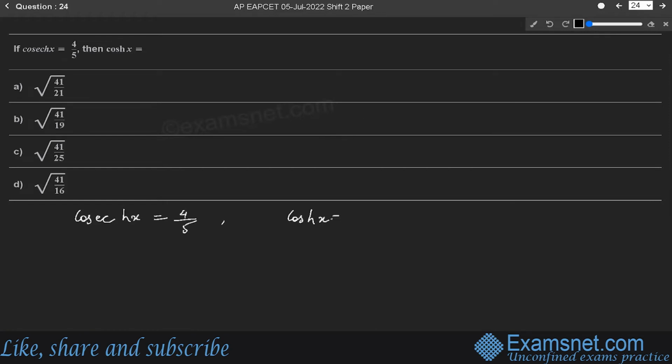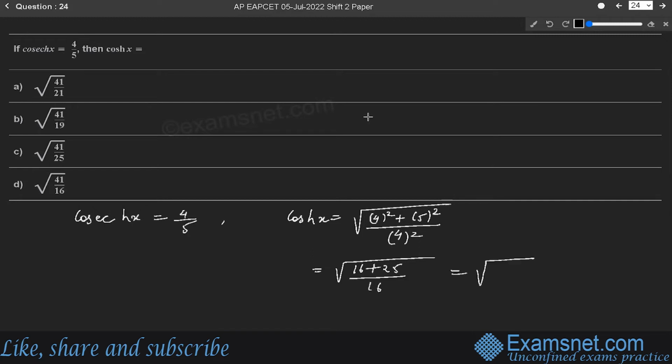Cosh x will be equal to under root of 4 square plus 5 square divided by 4 square, which is equal to under root of 16 plus 25 divided by 16, which is equal to under root of 41 upon 16. So we can say that the value of cosh x is under root of 41 divided by 16. Therefore, option number D is the correct option here.